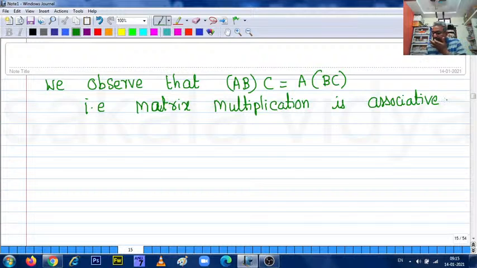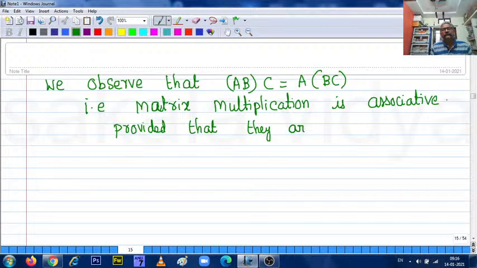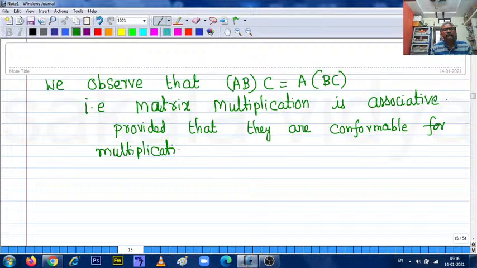This is one of the properties we have discussed, provided that they are conformable for multiplication. Right.